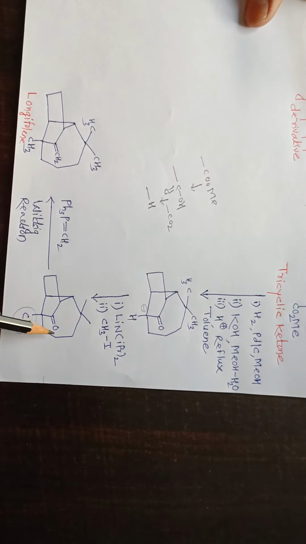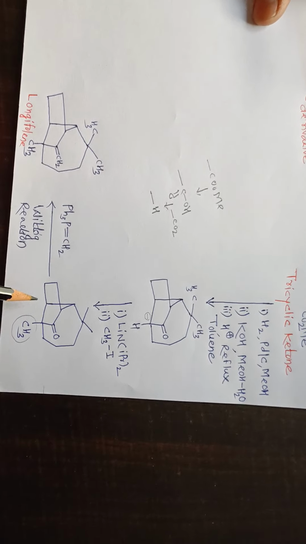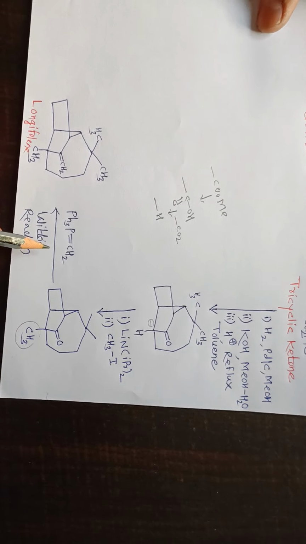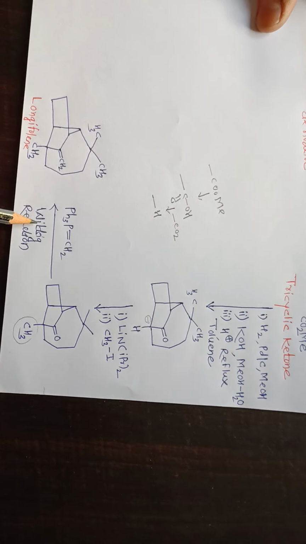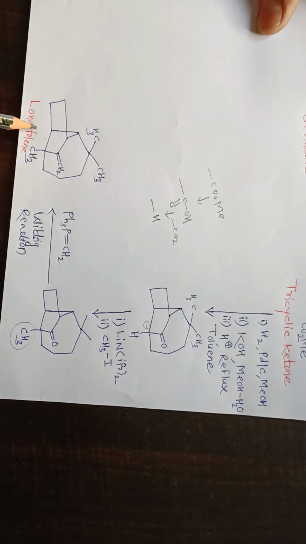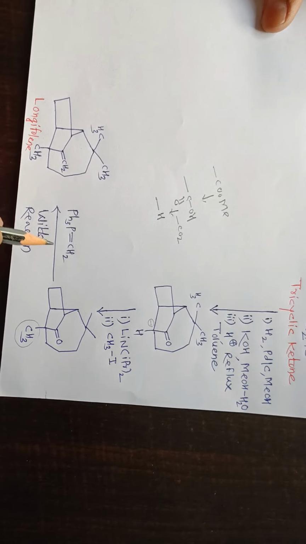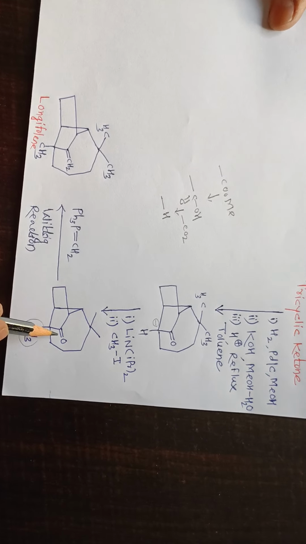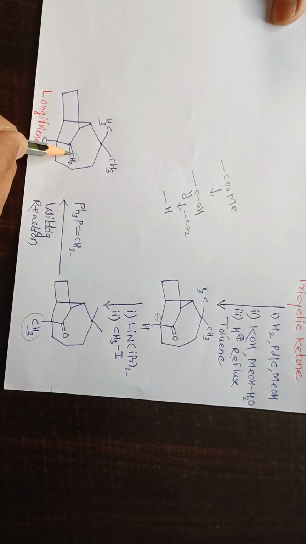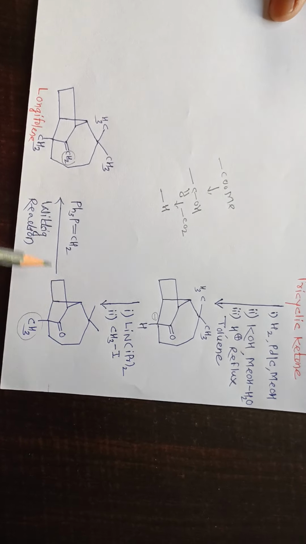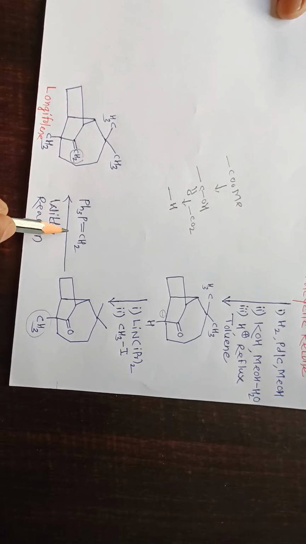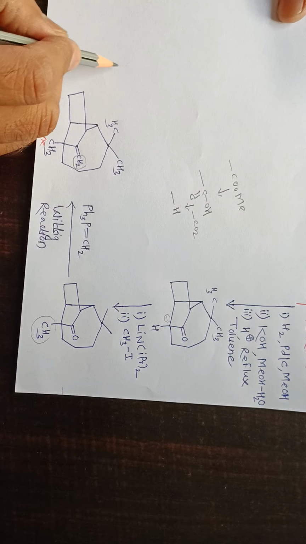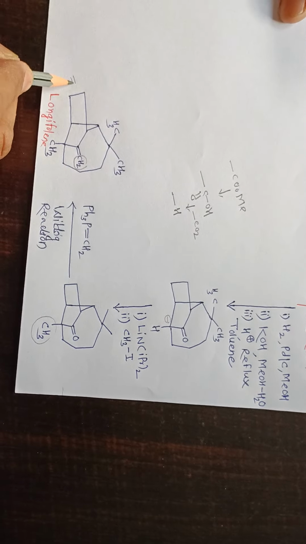Then this ketone in last step was allowed to undergo Wittig reaction and there is formation of longifolene molecule. So this is the well-known reaction for the formation of CH2 at this position using Wittig reaction. So this is the structure of longifolene molecule.